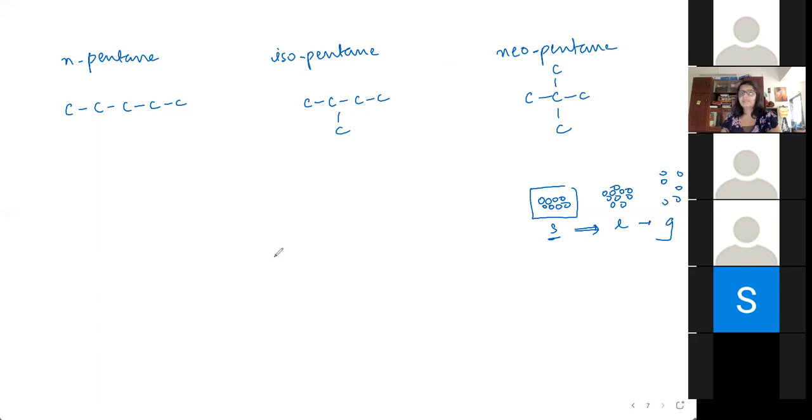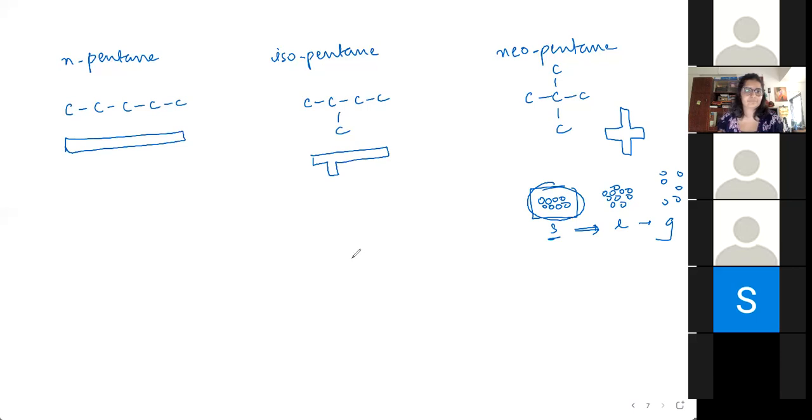You guys have played with Lego blocks and bricks, right? Imagine you have a block like this, which is a straight chain. Then you have a block with a branch like this. And then another block, which is kind of like this. Will you be able to pack all of them nicely, neatly in the same way? Or will there be a difference in the arrangement of their solid structure?